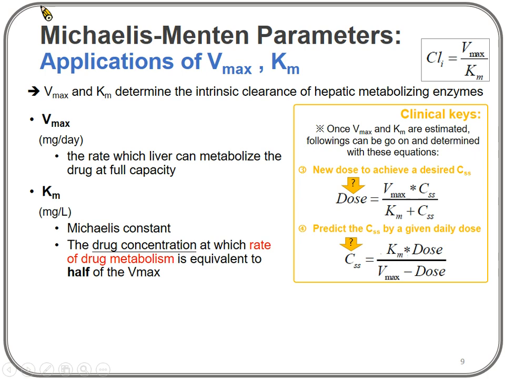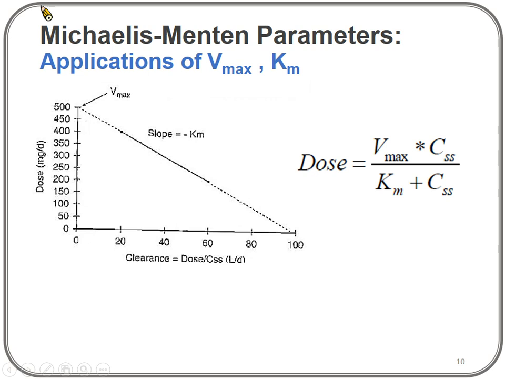the Km can be inferred as the drug concentration at which the rate of drug metabolism is equivalent to half of the Vmax. So let's look at this chart, this plot.